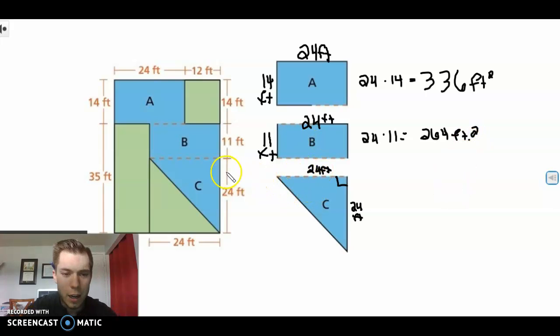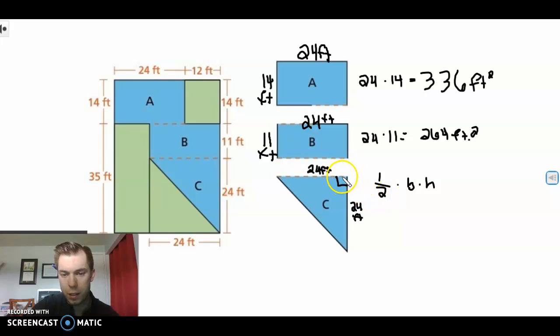Okay. Well, then the last area that is non-green is this triangle down here. Now, if you recall, the formula for finding the area of a triangle is one half multiplied by the base multiplied by the height. Well, the half is just a fraction that's there in every area of any triangle.